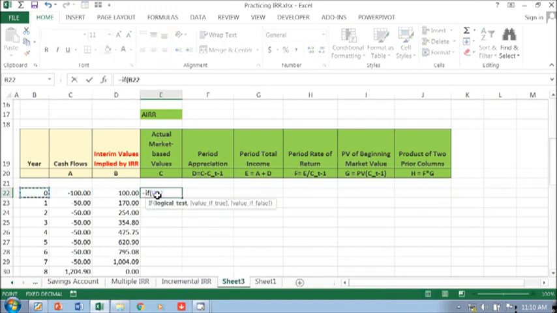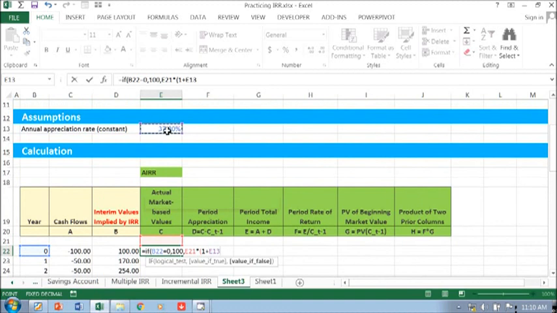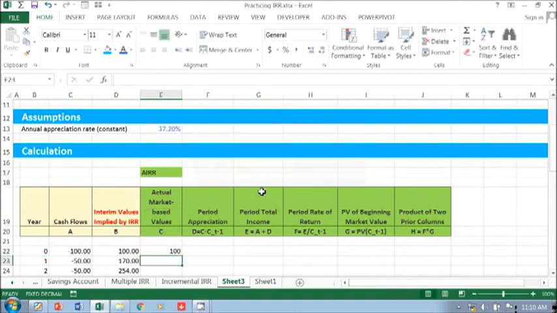First, I think we have to start with 100. If this is 0, then we start with 100. Otherwise, previous balance times 1 plus your annual appreciation F4, and then you close it.